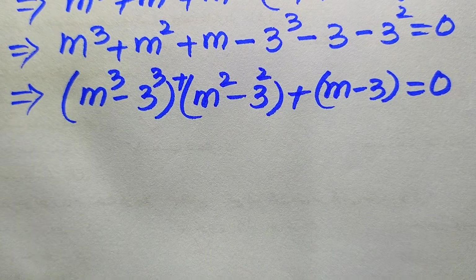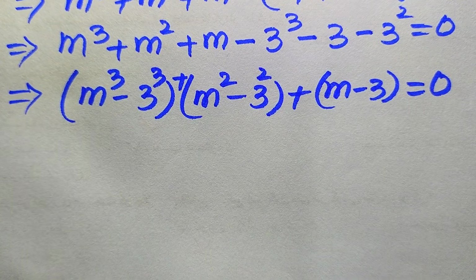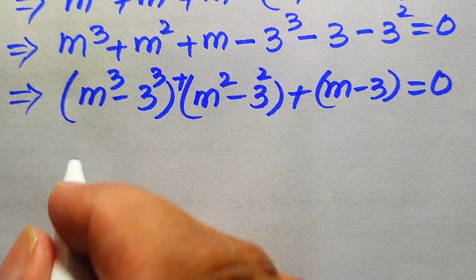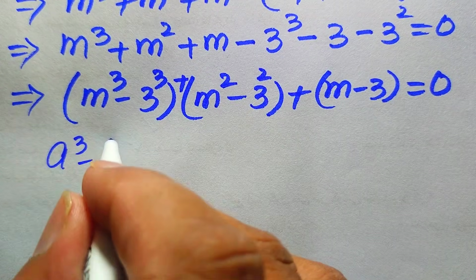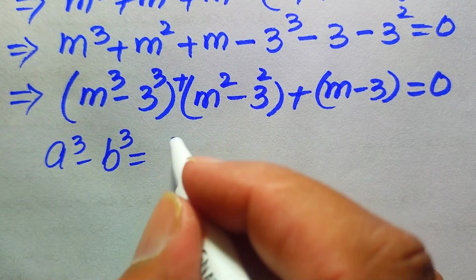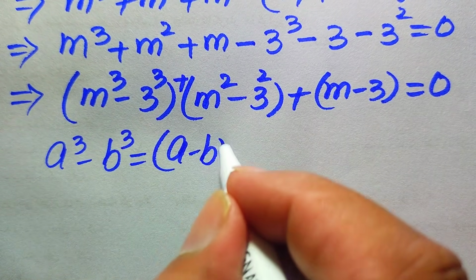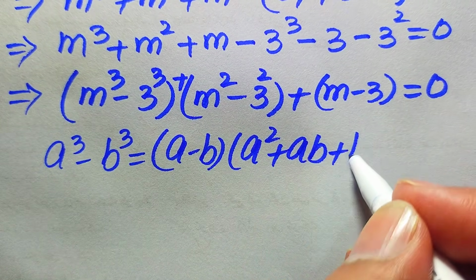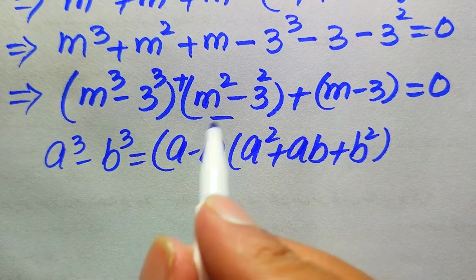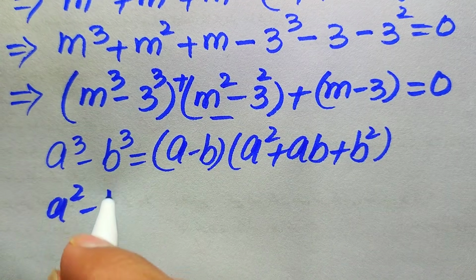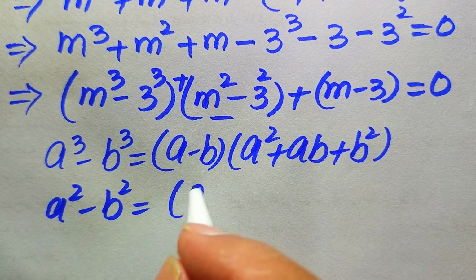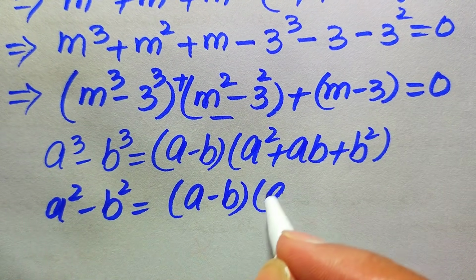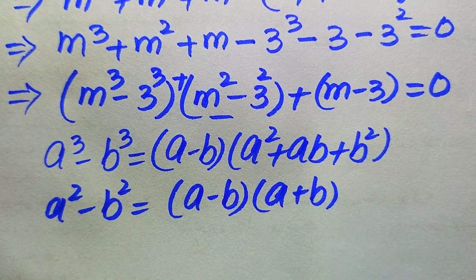Here we use the cubic and square formulas, and you know that a cubed minus b cubed equals a minus b times a squared plus ab plus b squared, and for this term we use the formula a squared minus b squared equals a minus b times a plus b.